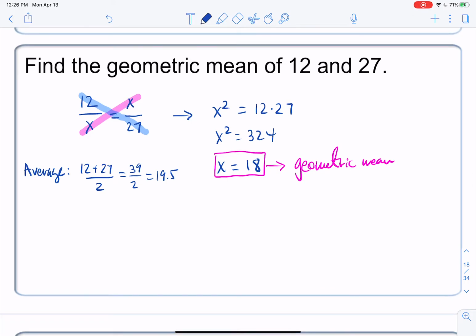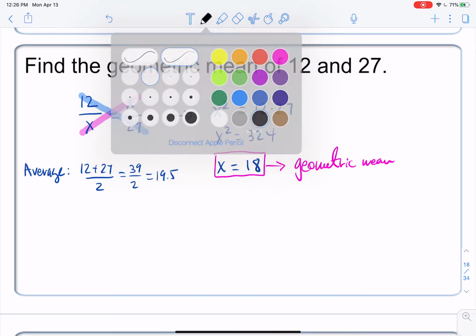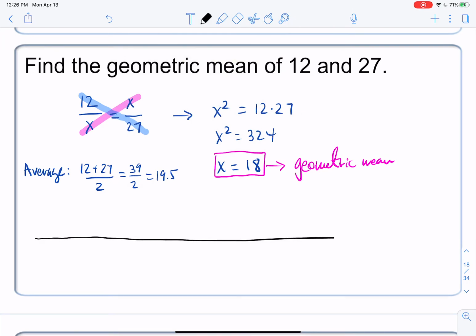Just for visual reasons, I'll put all of these things on a number line here. Make sure it's long enough. And let's count by twos. So 2, 4, 6, 8, 10, 12. I'll label that one as a 12.